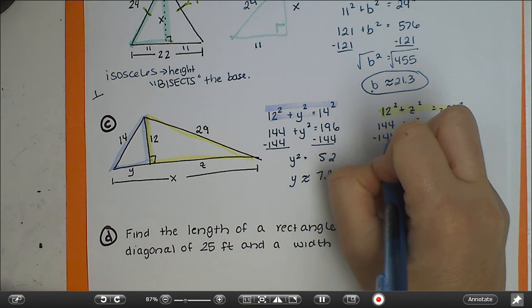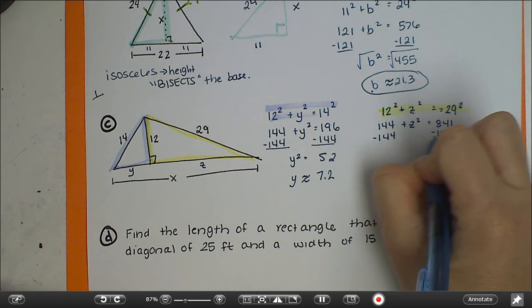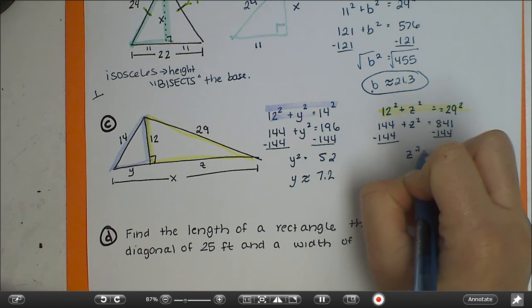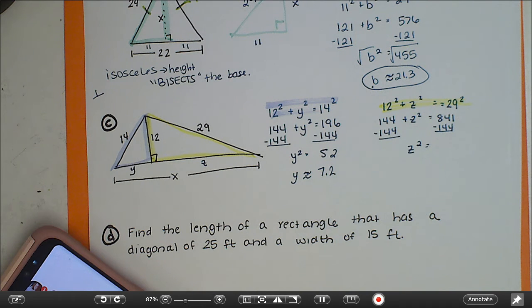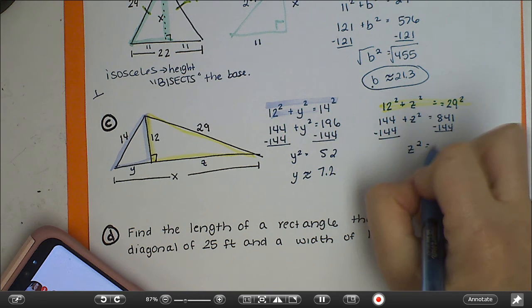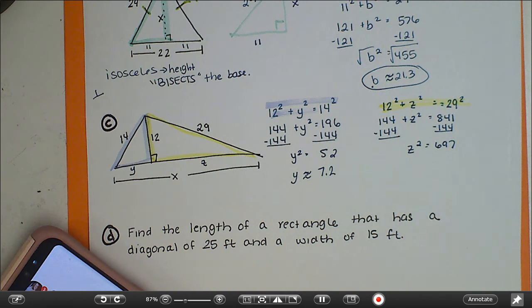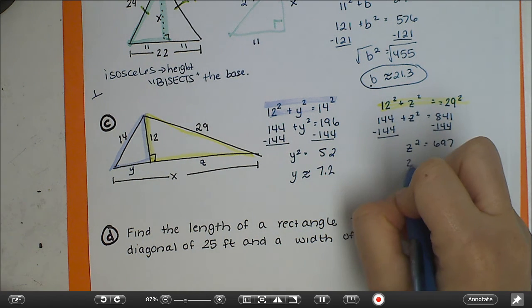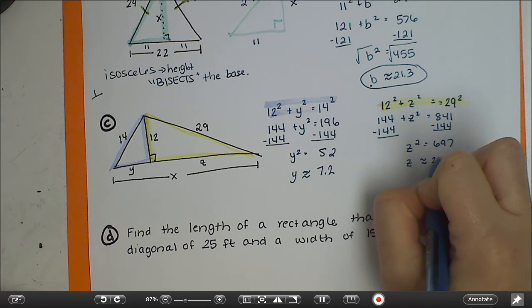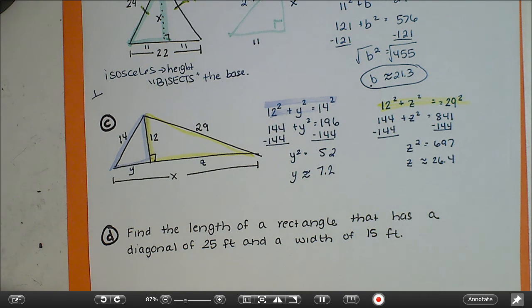We're going to subtract 144 from both sides. 841 minus 144, 697. And then we want the square root of 697. So z is approximately 26.4 units long.